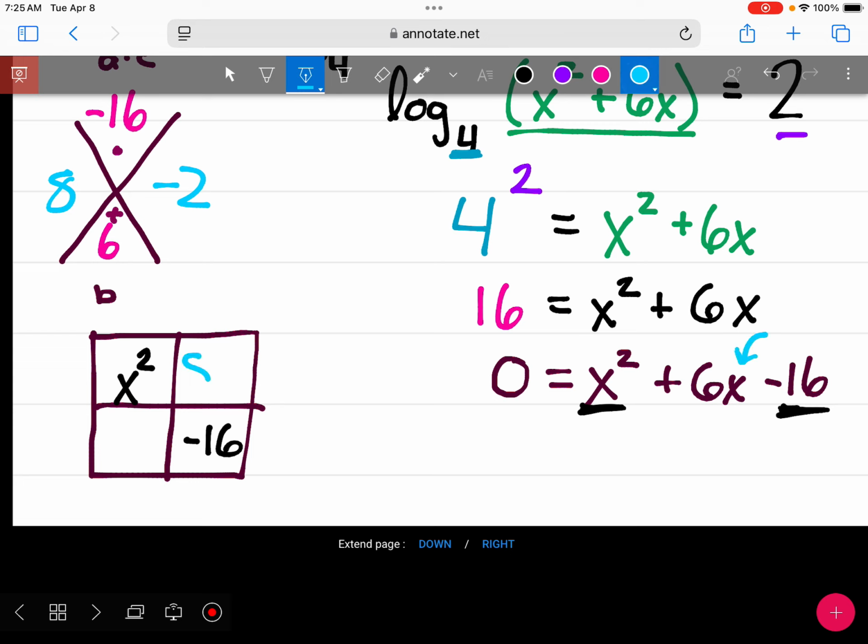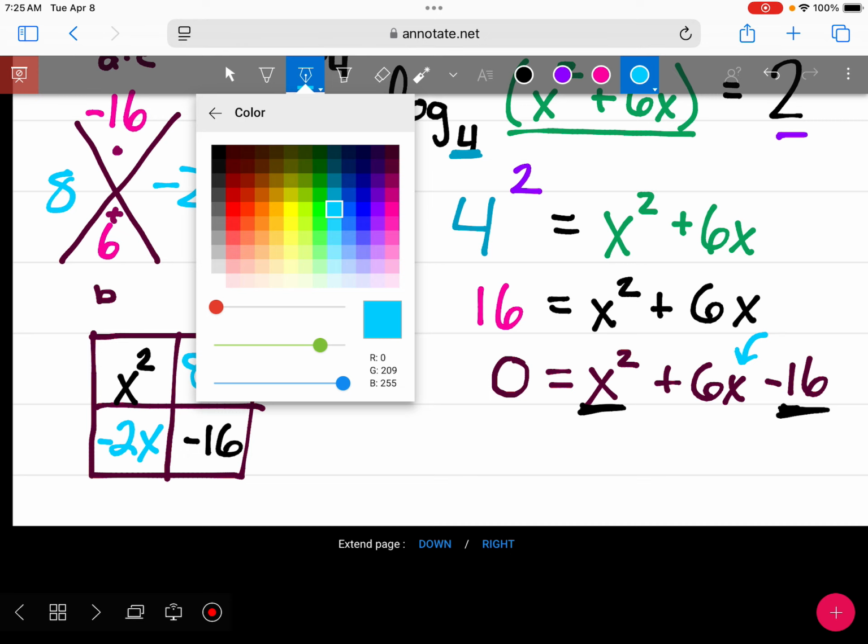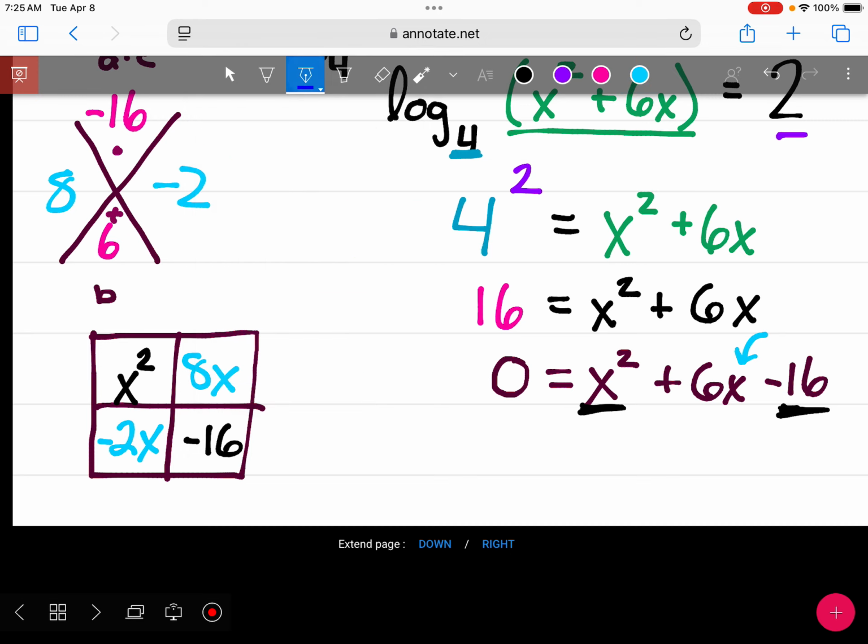So we'll have our 8x and our minus 2x. So what are we getting as our factors here? What happens when we pull these out? x, 8. x, negative 2.